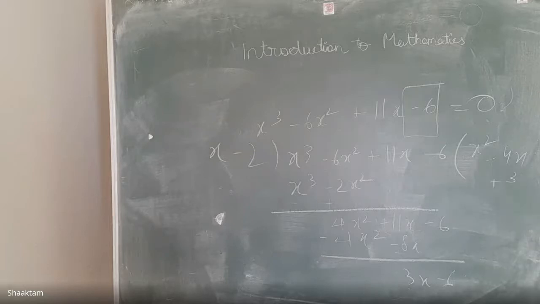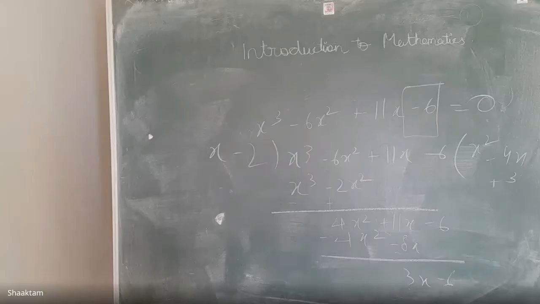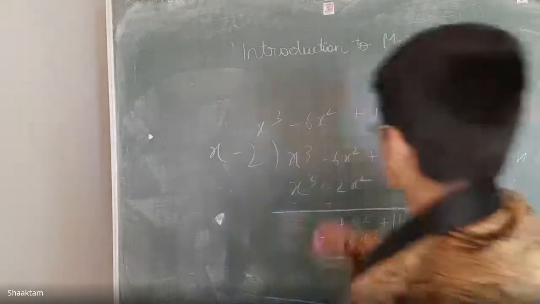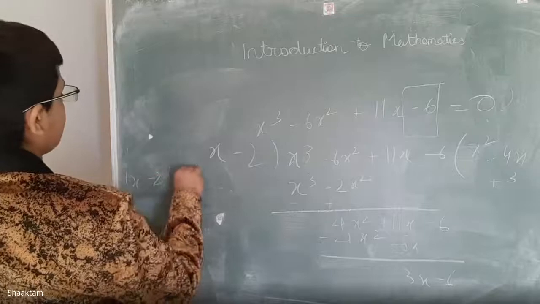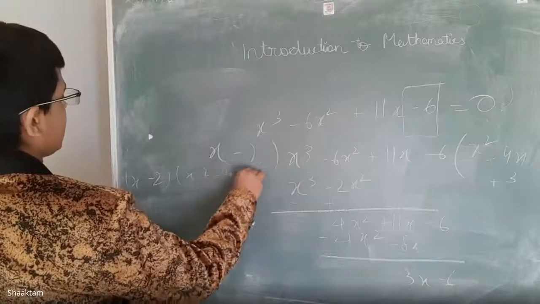Wait, let me see. I don't see any mistake. x cube minus 6x square plus 11x minus 6. Let me try doing the actual multiplication: x minus 2 into x square minus 4x plus 3.